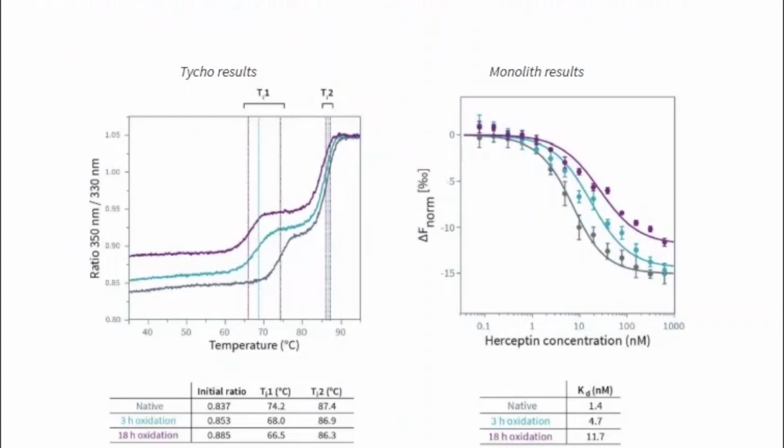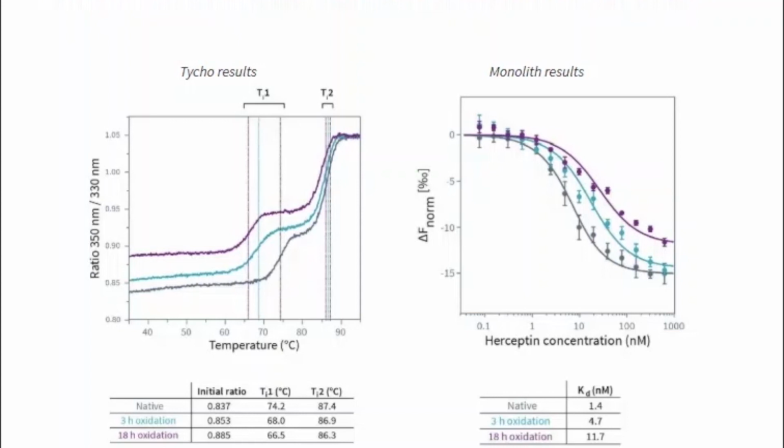So what's done here is both a 3-hour and 18-hour hydrogen peroxide treatment. As shown on the left are the Tycho results. The gray trace represents the native control material, and as you can see, both the 3-hour and 18-hour treatments, in teal and purple respectively, show a left shift in the unfolding profile.